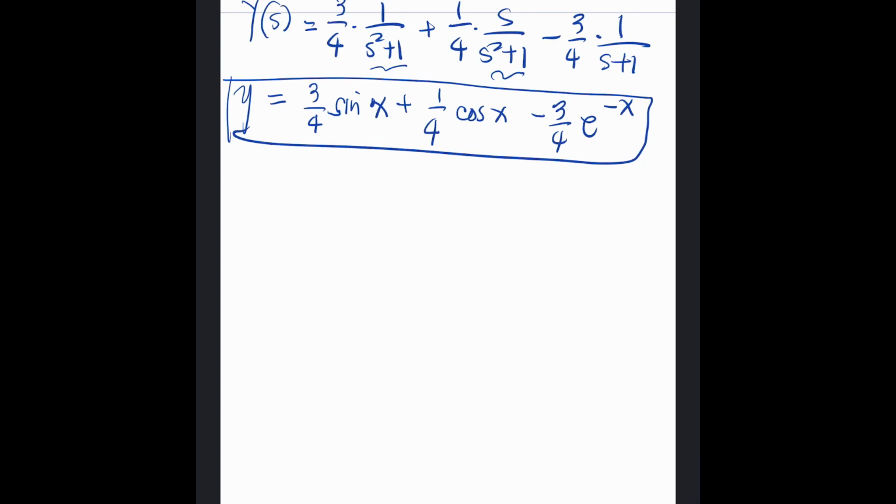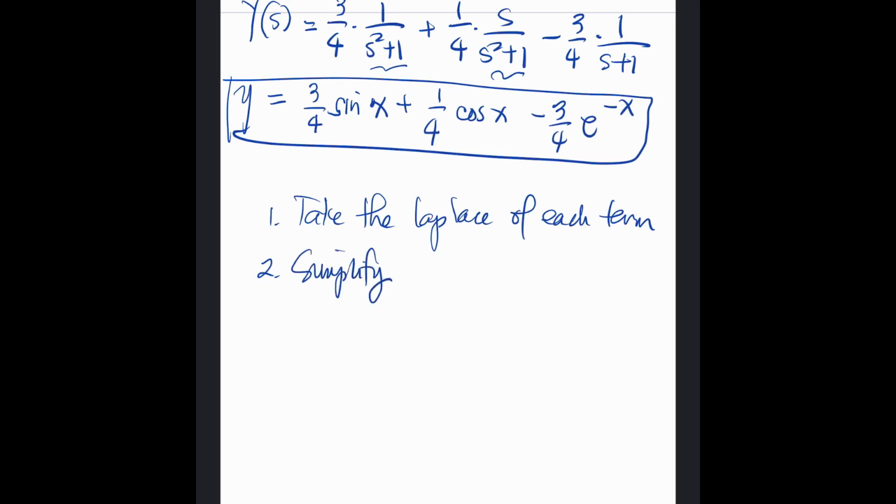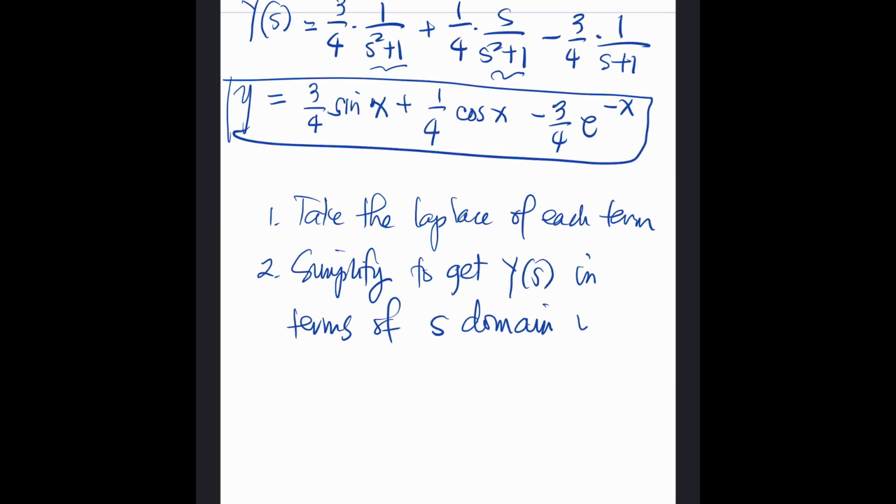So the principle, the steps, is to take the Laplace of each term, then simplify to get y of s in terms of the s domain in the form of fractions.